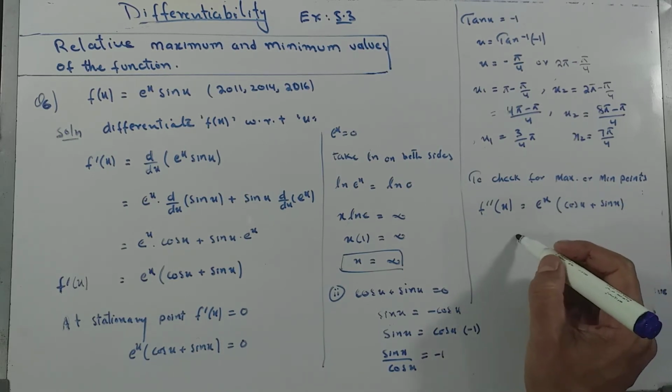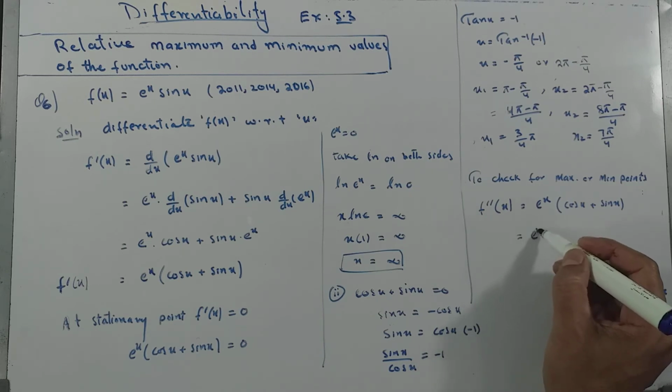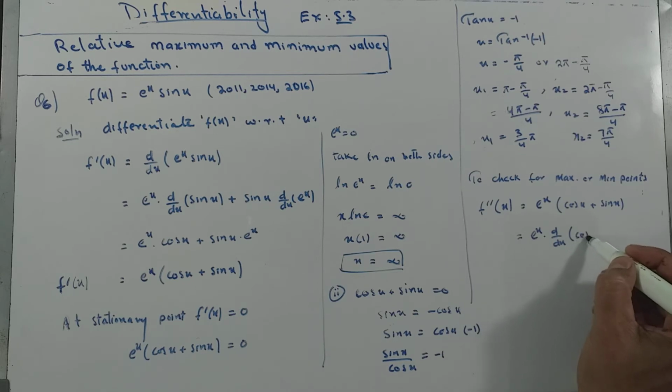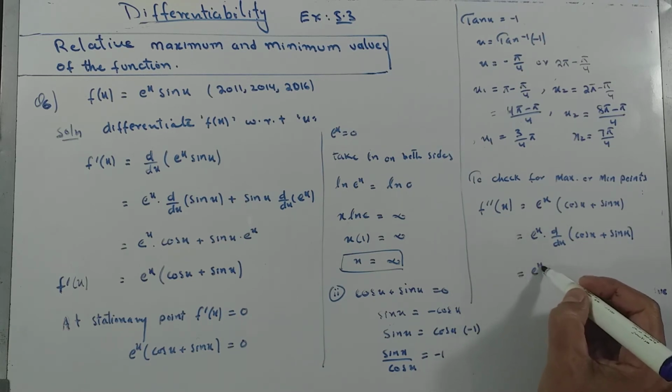We will again use the product rule. So e^x times d over dx of cos x plus sin x.